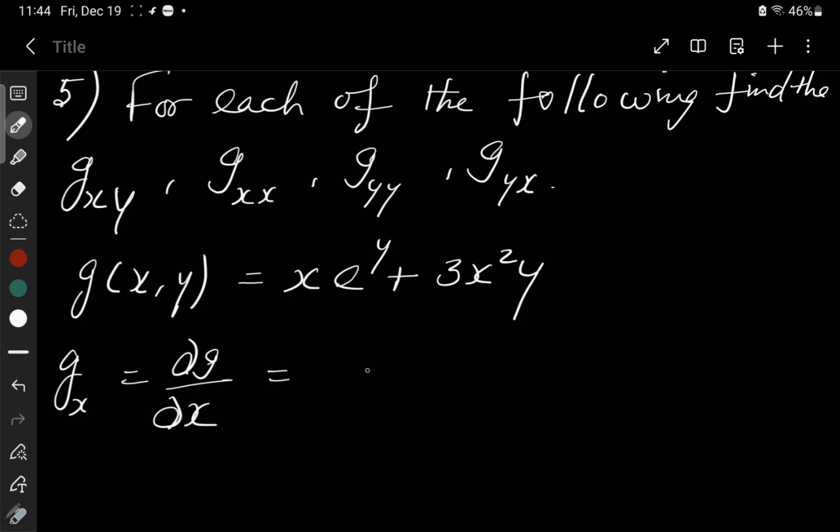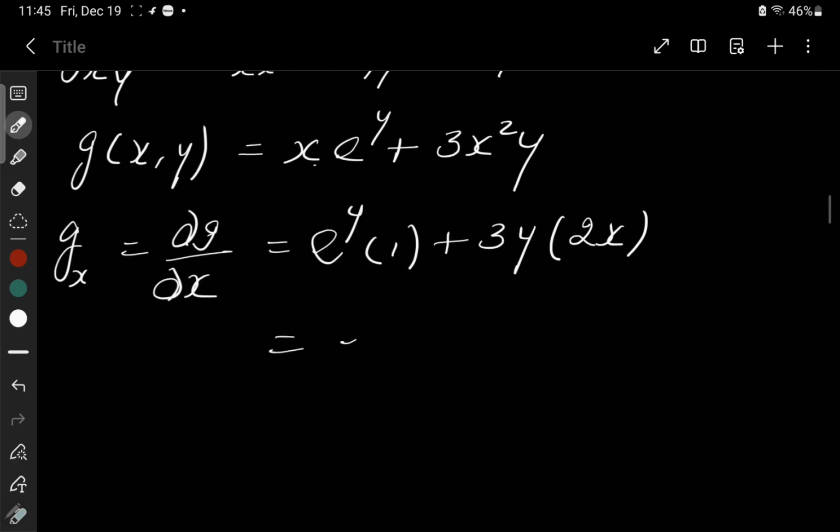Here e power y is constant. If you differentiate x, you will get 1. 3 constant, y constant. Differentiate x squared, you will get 2x. So e power y plus 6xy.